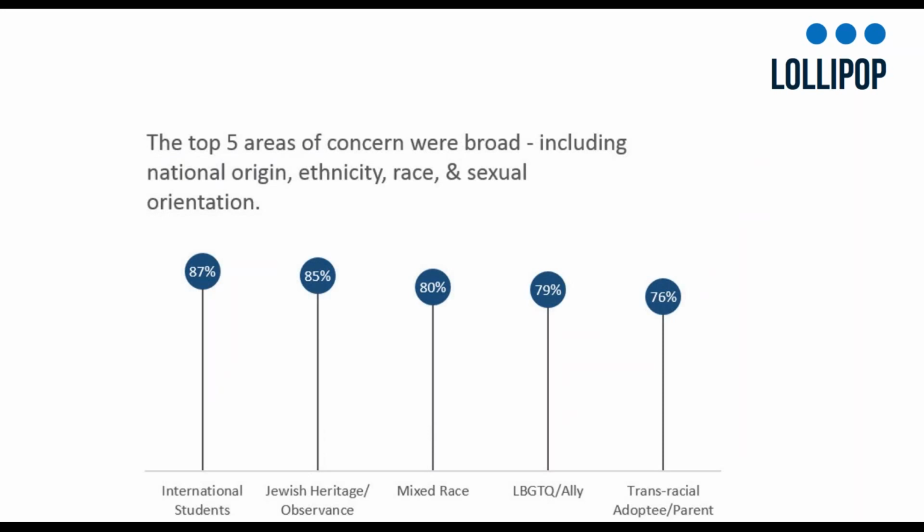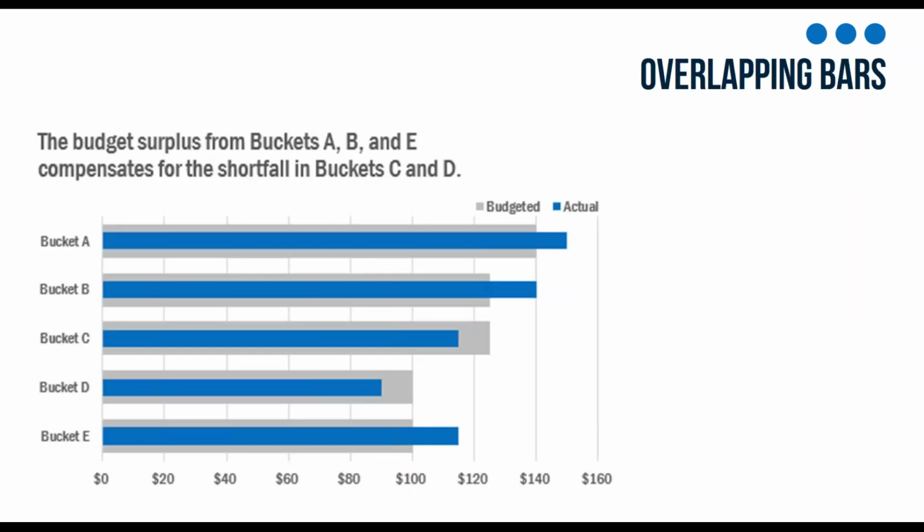But I do want to go back to bars for a minute, because there's another one, maybe my second runner-up of favorite graph type of all time, what I'm calling the overlapping bar. And I love this graph type because it's telling us this story about how these two things here are inherently a part of each other. When we're talking about budgeted amounts versus actual amounts, these are not two independent entities.